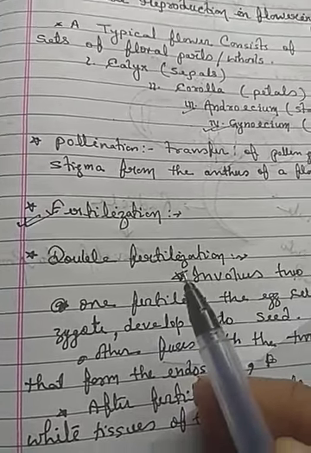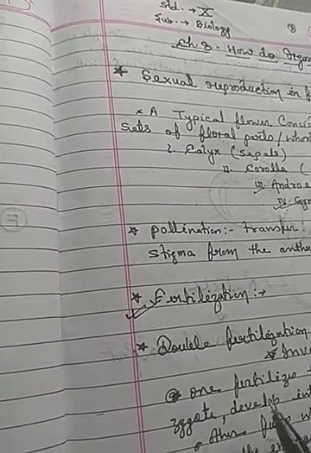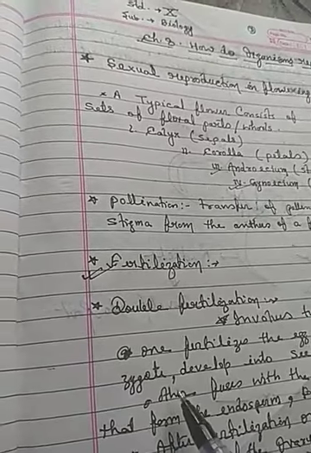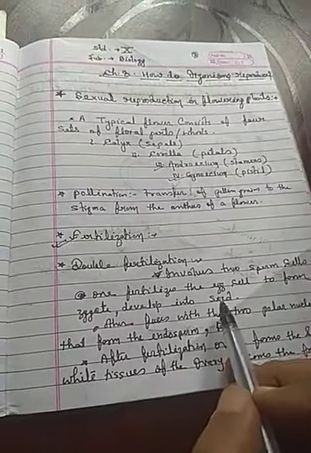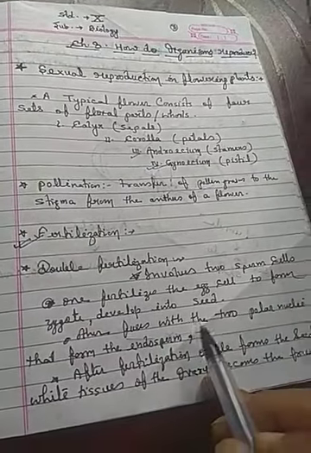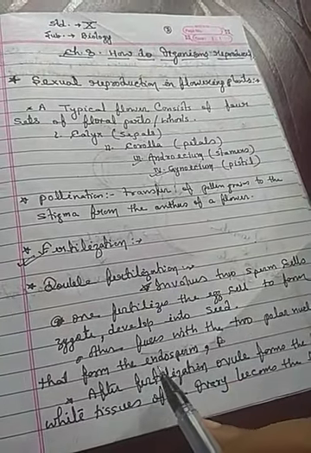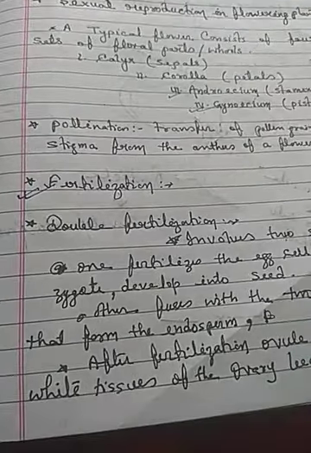Double fertilization involves two sperm cells: one fertilizes the egg cell to form the zygote, which develops into a seed, and another fuses with the two polar nuclei to form the endosperm. After fertilization, the ovule forms the seed, while the tissue of the ovary becomes the fruit.